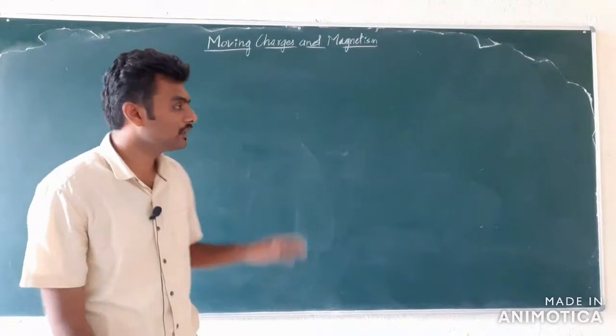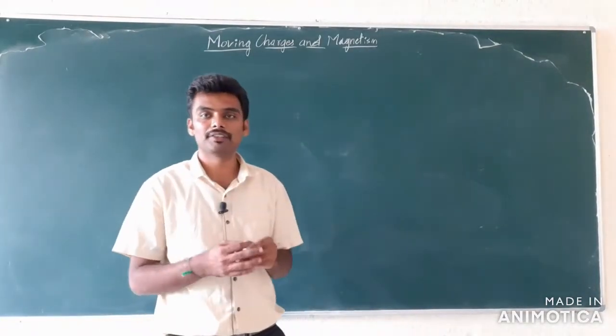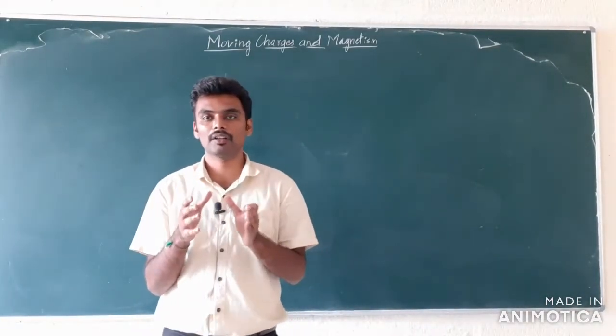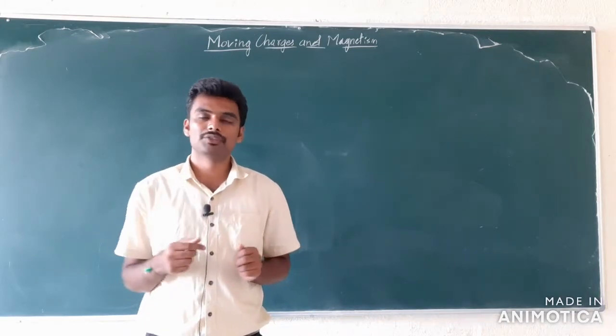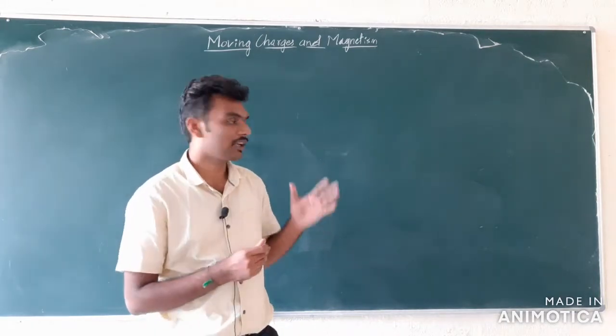When we concluded the expression for torque experienced by a current carrying coil, the shape of the coil chosen was a rectangle, isn't it? You can remember the diagram.